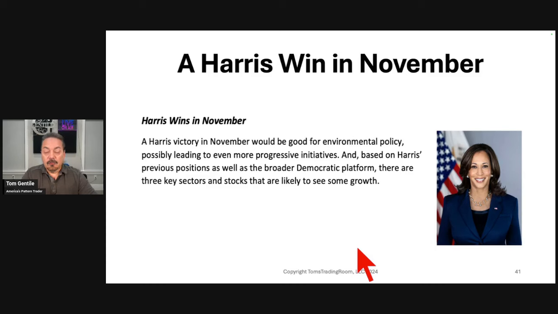She's been said to be the most progressive senator, and now one of the most, if not the most progressive vice president that we've had. So I have to think, no matter what she's saying before she gets elected, if she gets elected president, she's going to move back to her base platform, which is going to be a couple of key sectors. And I'm pretty sure you guys all know what we're talking about.